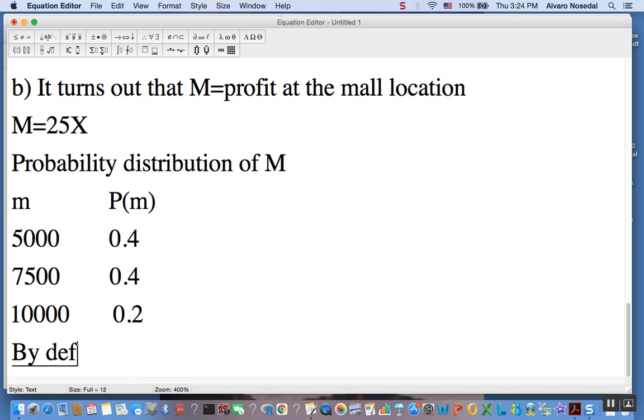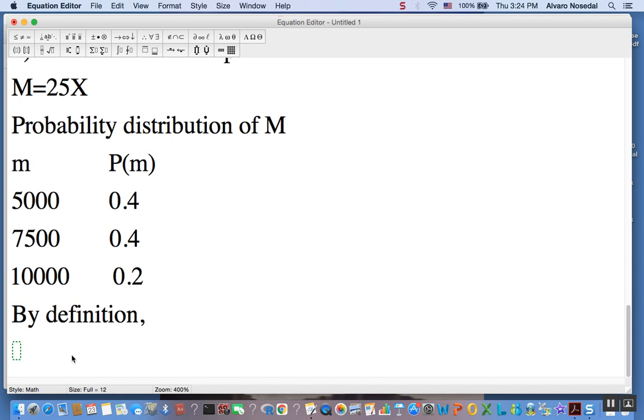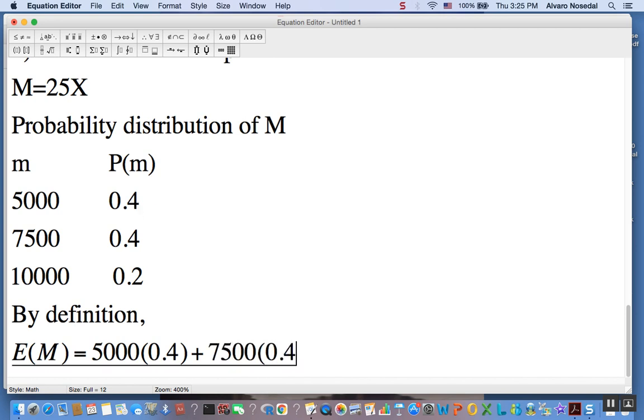So by definition, expected value of m equals, remember, just the possible value times its probability of occurring: 5,000 times 0.4, plus 7,500 times 0.4, plus 10,000 times 0.2.